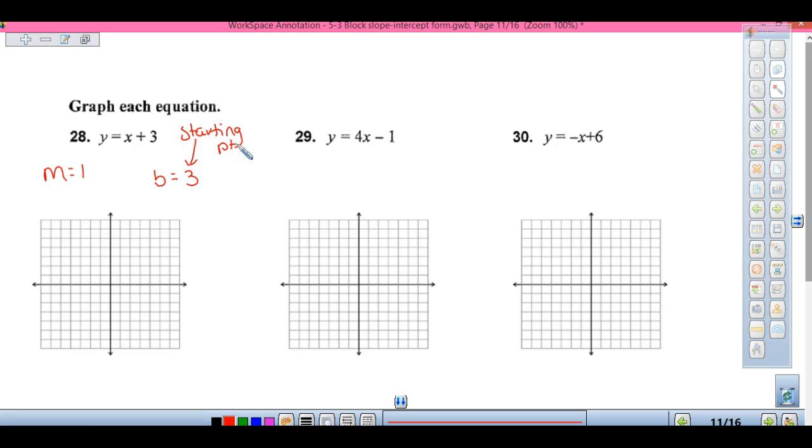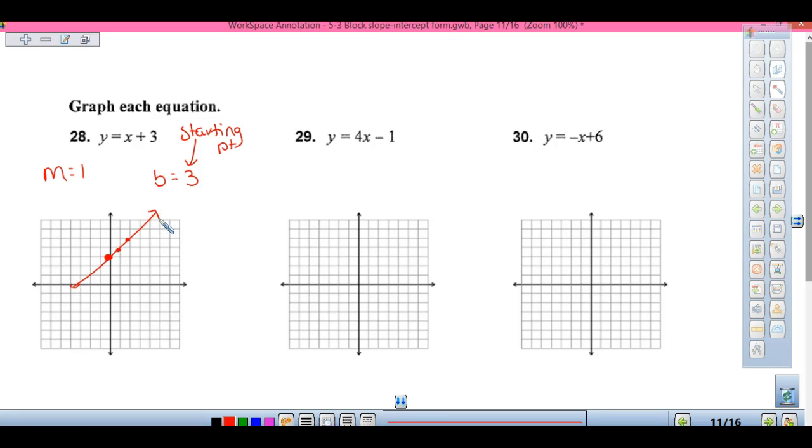So on the y-axis, I go to 3. 1, 2, 3. That's my starting point. And if my slope is 1, what does that mean to do? Go up 1 over 1. So up 1 over 1, up 1 over 1, draw your line.